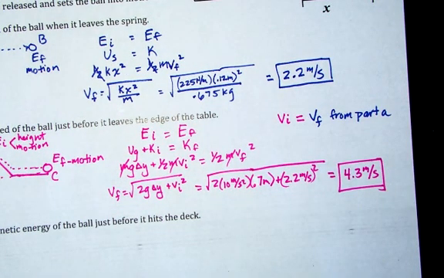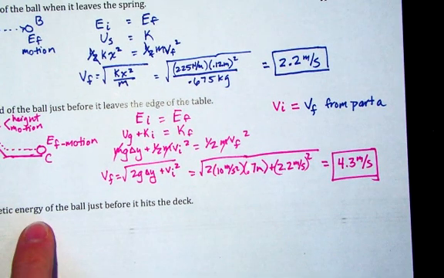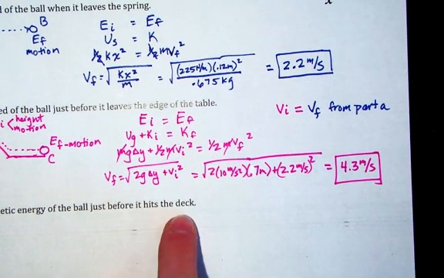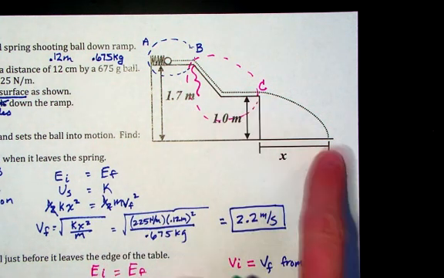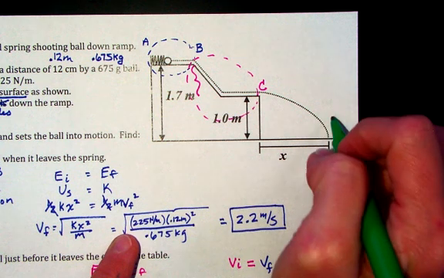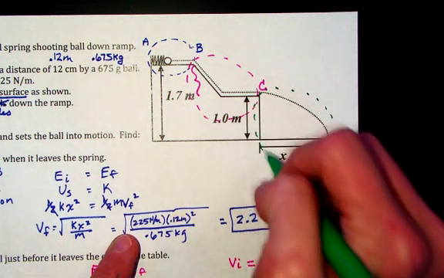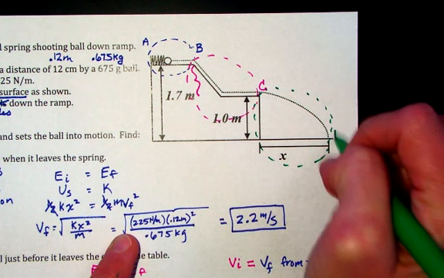All right, next. Now we want to know the kinetic energy of the ball just before it hits the deck. So let's take a look at our picture. So here we are, we're at C right now, and we want to know the kinetic energy here. So it would be nice then just to make this. So we have, this is D here.